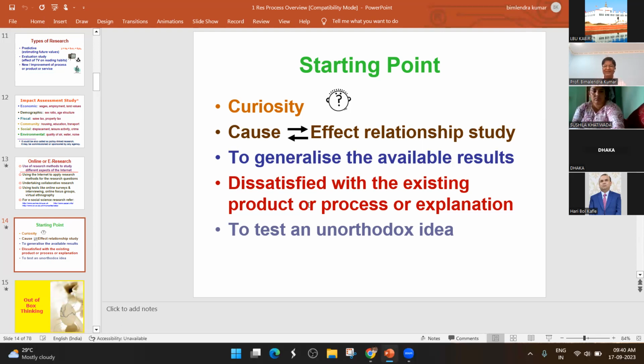Then there is a starting point of knowing the things, how to raise the questions and to test an unorthodox idea. Buddhism also believes that everything is dependent on some causes and conditions.